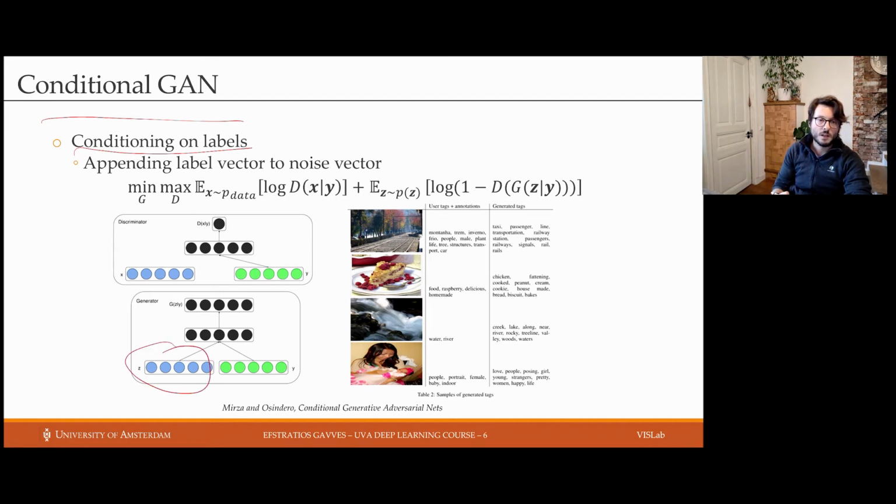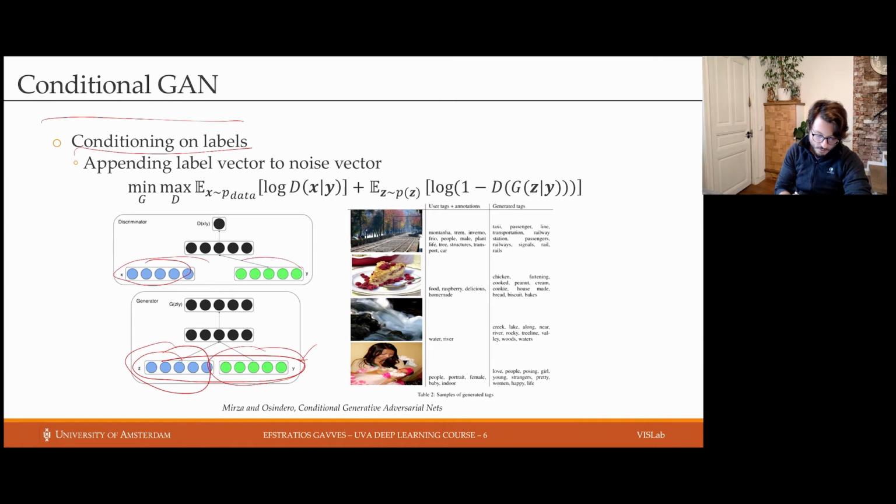Together with the latent vector, or the noise vector Z, they append a one-hot label vector, which indicates which specific label the generative model should generate an image of. So the generative model receives both the Z and Y as input. It returns a generation, which should be relevant for our label Y.